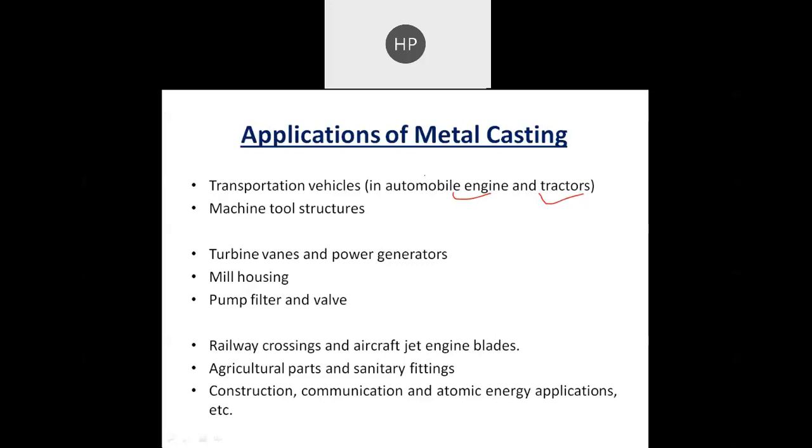That's why casting is widely used in the automotive and transport industry.